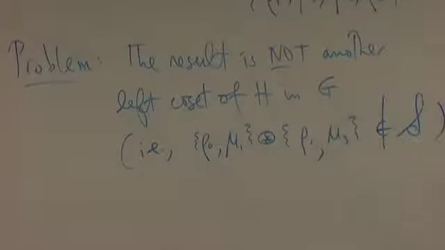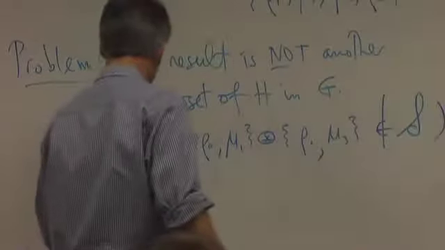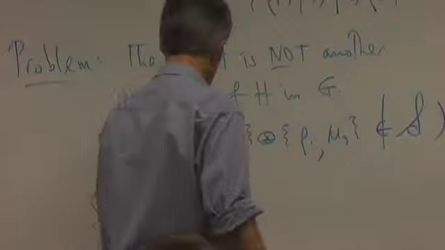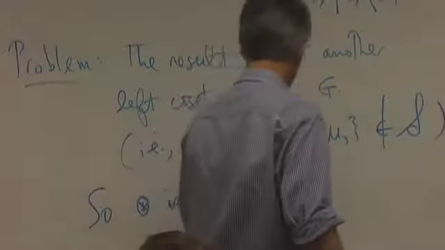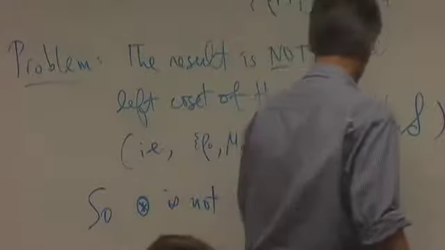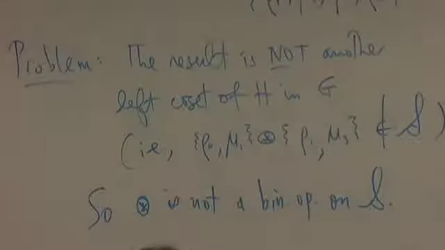It didn't give us something back in script S. So star, defined in this way, is not a binary operation on script S, at least in the situation where you start with this particular group and this particular subgroup.